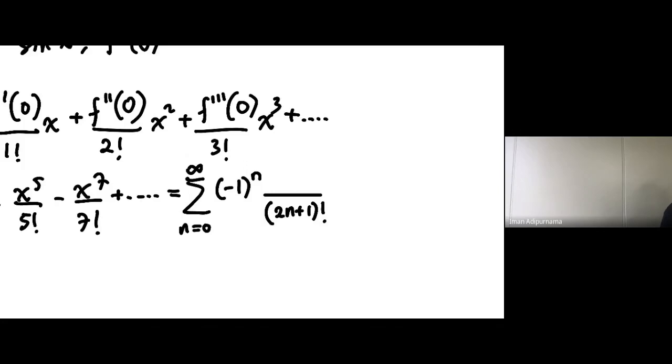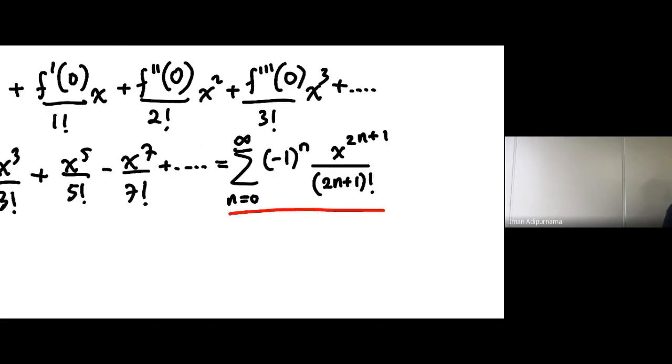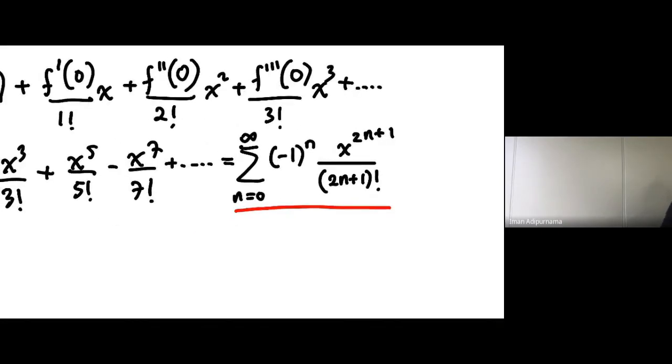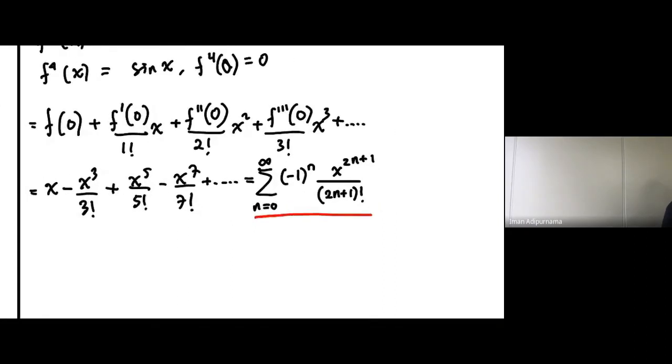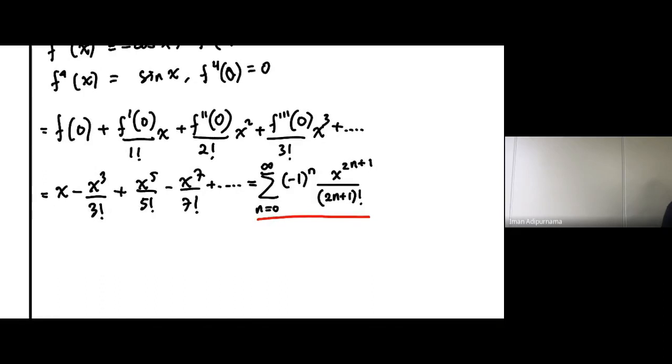And the top one will be the odd number, so x with the power of the odd number, 2n plus 1. Okay, this is the sine.